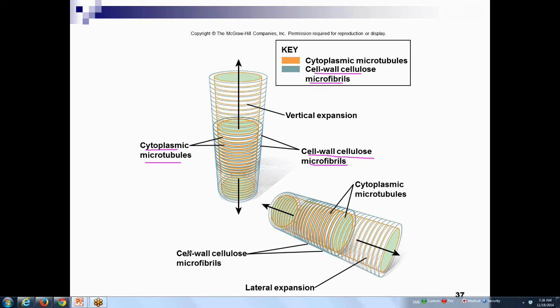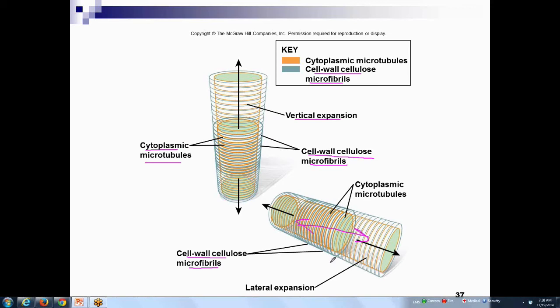So we could also have our cellulose microfibrils arranged in a different way, and we can get lateral expansion from left to right. So this was vertical expansion because the cellulose microfibrils are arranged in these rings around the outside.